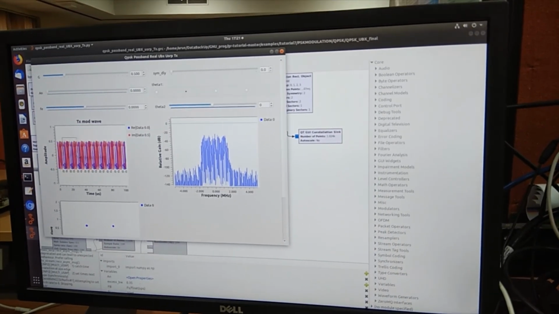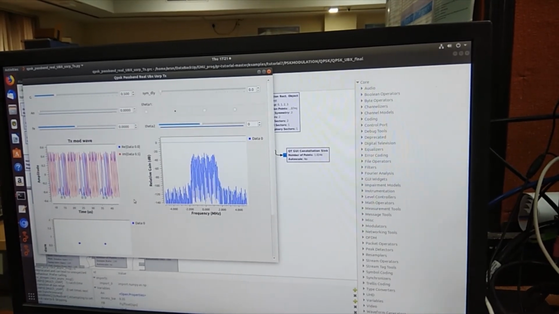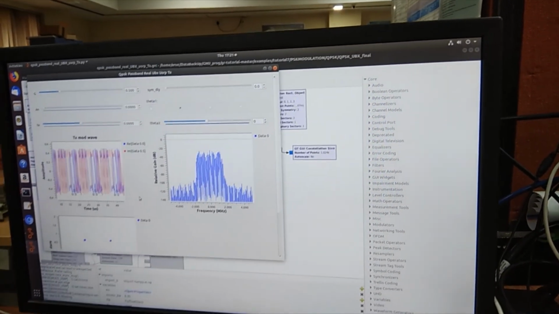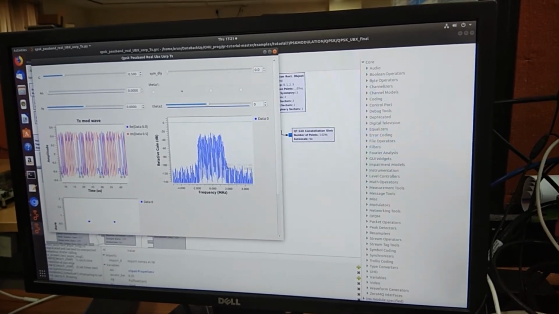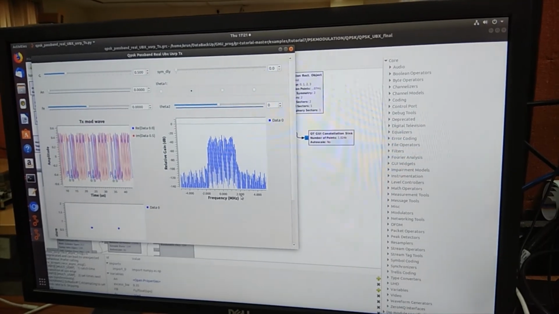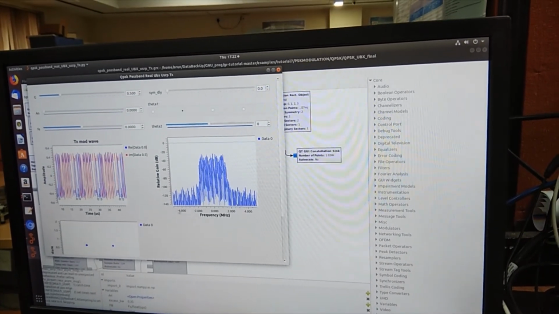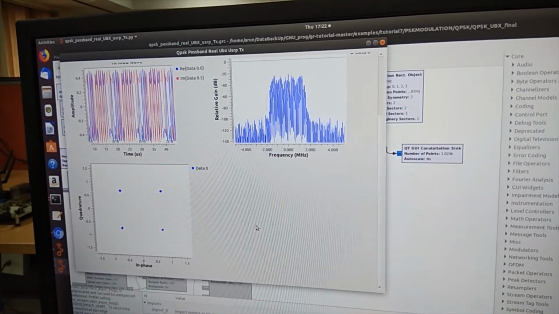So this is the transmitted waveform in case of the QPSK modulation scheme before it is modulated onto the carrier, and this is the spectrum. Here also the spectrum has a bandwidth of roughly around 2 MHz, and this is the constellation diagram of the QPSK.